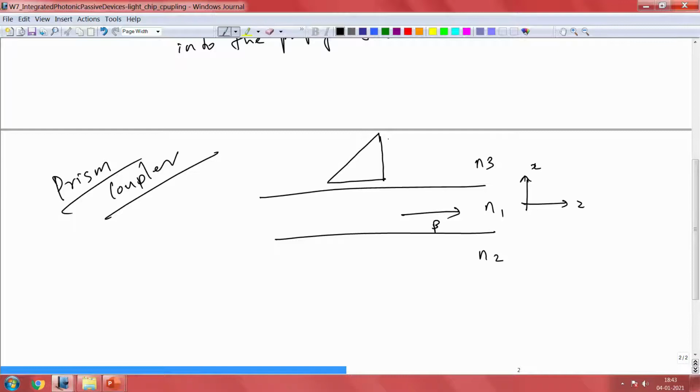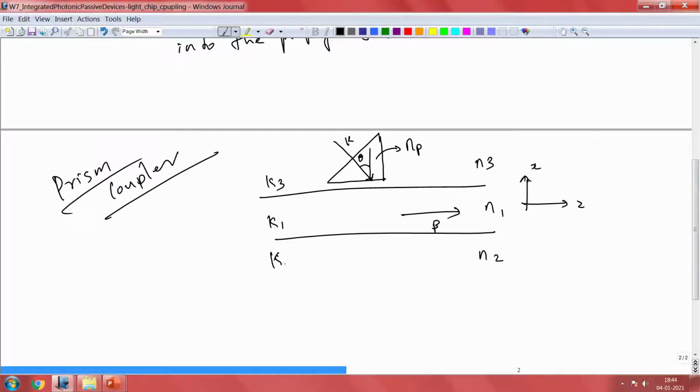So, I keep a prism and then I am going to come in through this illumination at a certain angle theta, and this will have refractive index NP. So, you have K1, K3 and K2, let us say. These are all different K vectors here.